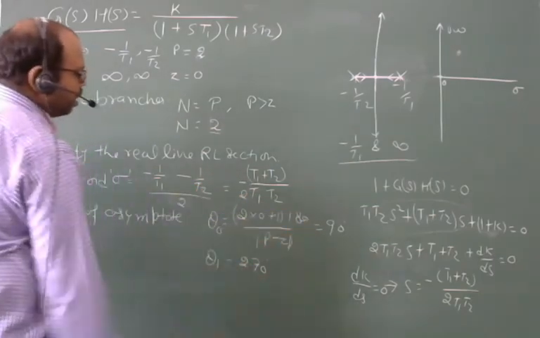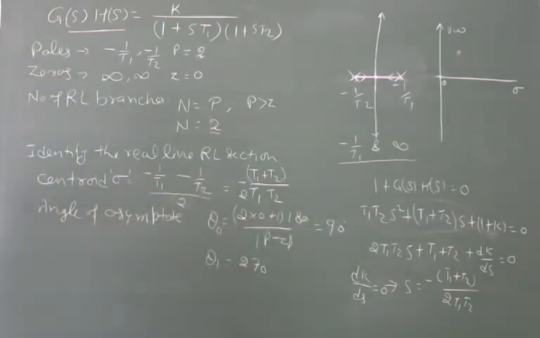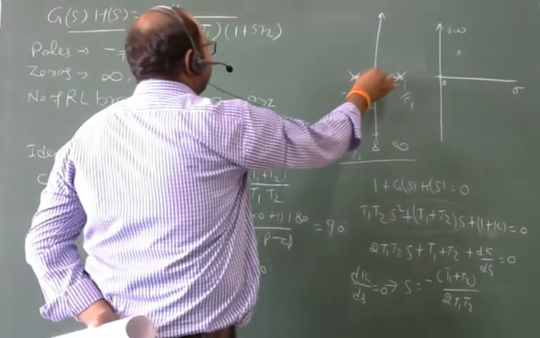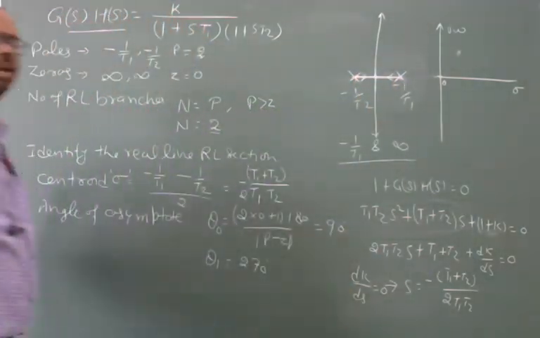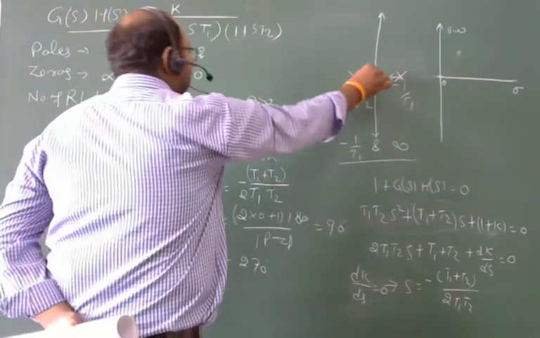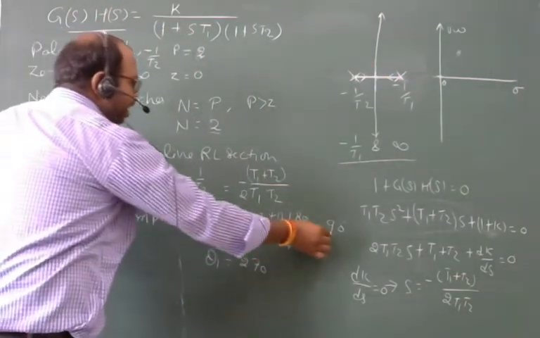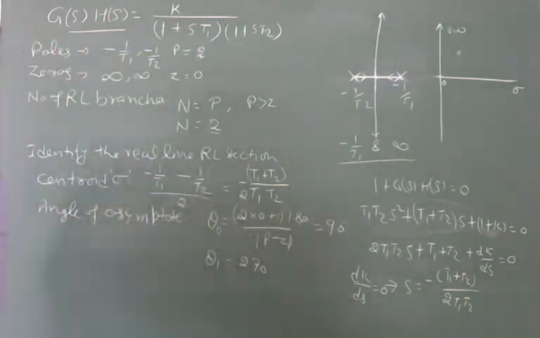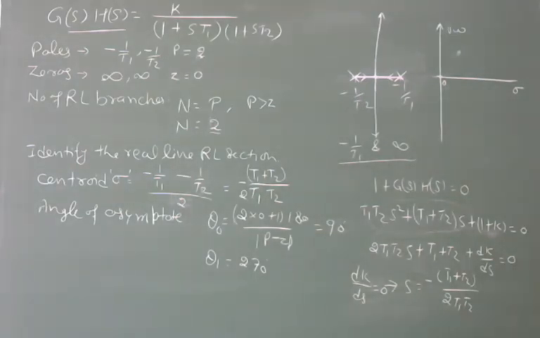The centroid and breakaway point both are same. It means here only we will have centroid and here only we will have breakaway point. And from this point we will draw two asymptotes. One is at 90 and one is at 270 degree.